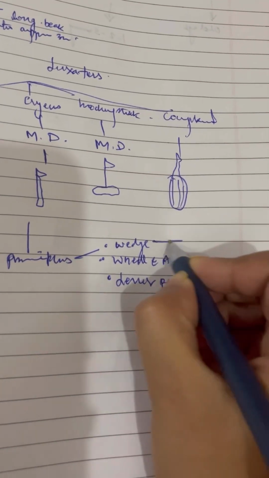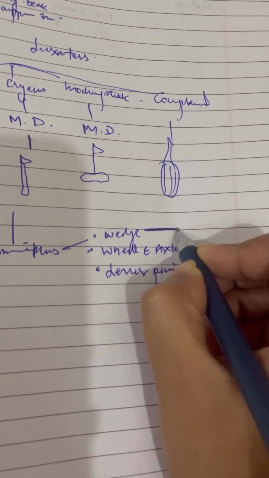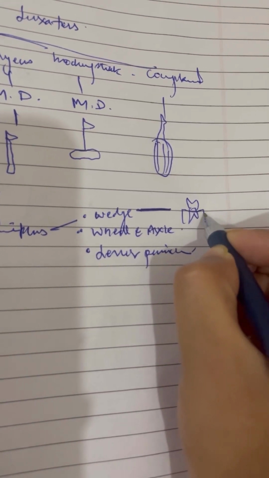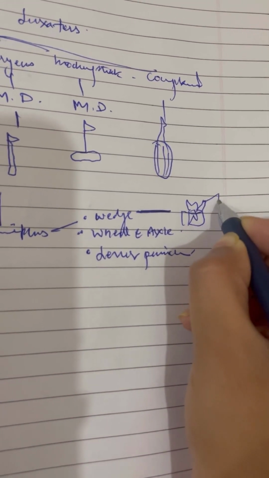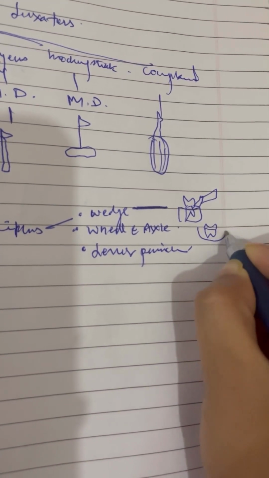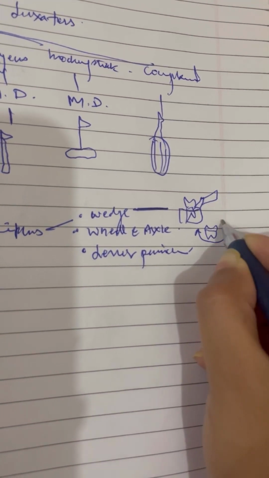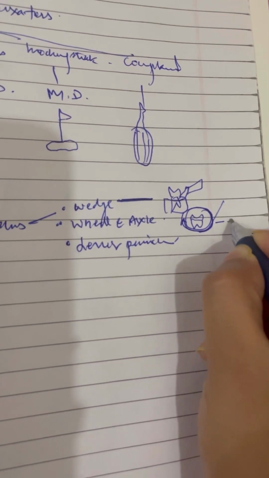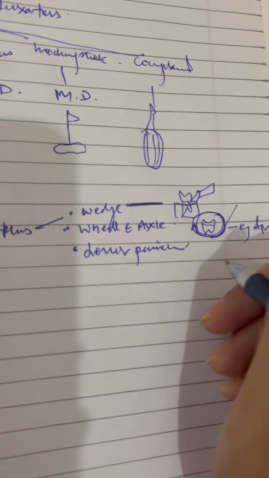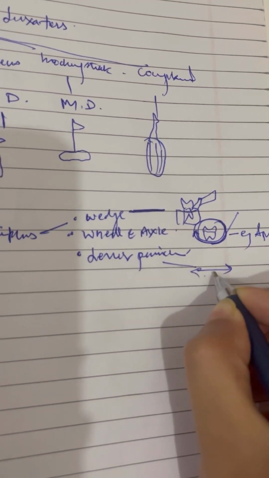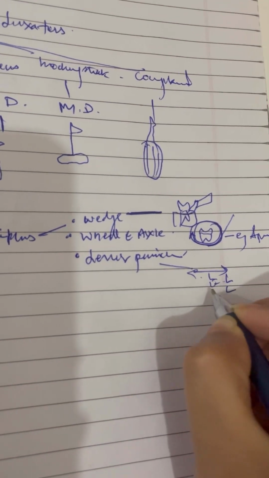The wedge states that there must be a sharp wedging area in between the tooth and the periodontium to extract the tooth. The wheel and axle states that there is a circular motion, that is 180 degree movement to extract the tooth, for example in apexo. And lever principle states that there is an effort, load and fulcrum to luxate the tooth.